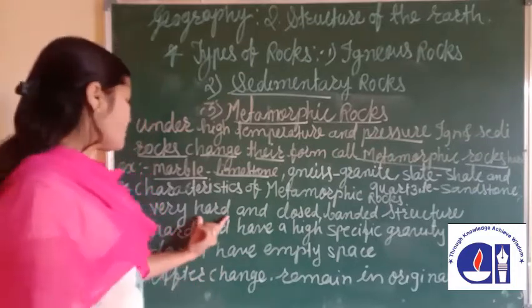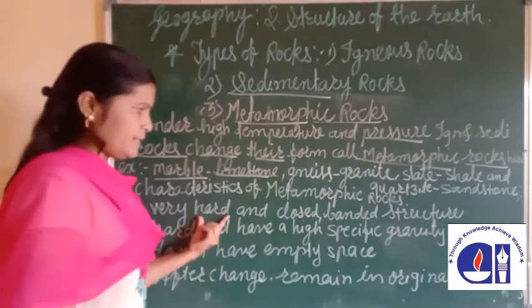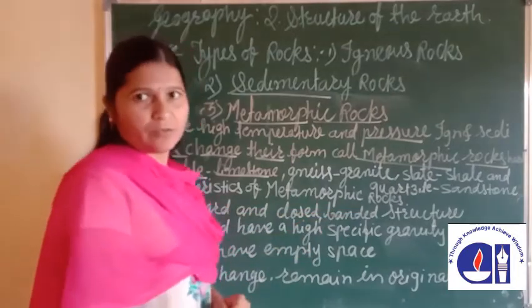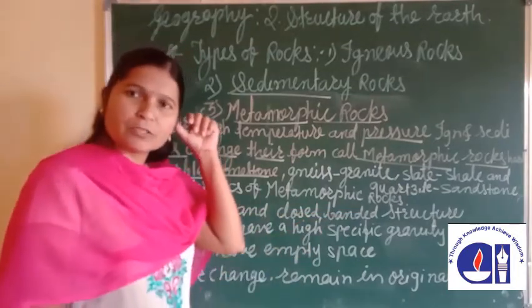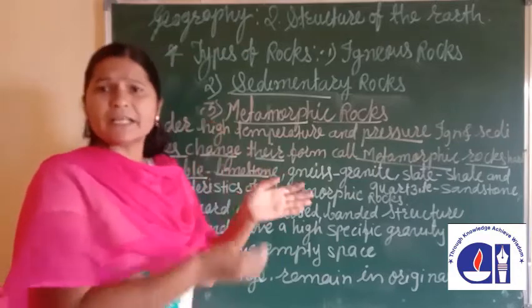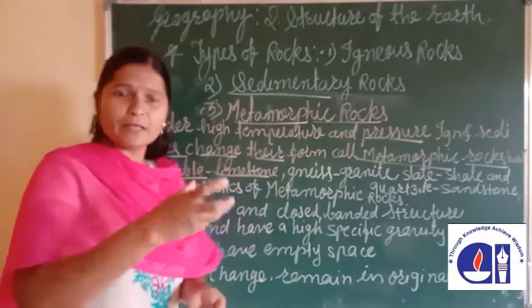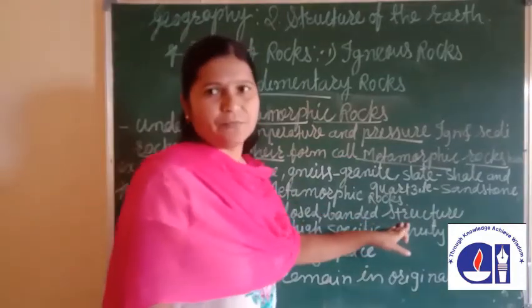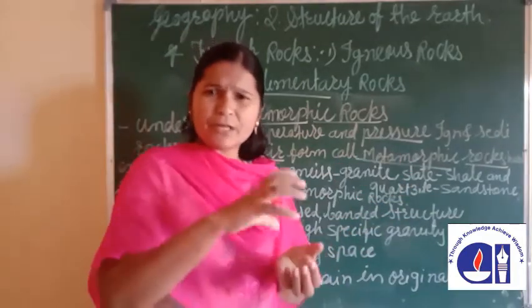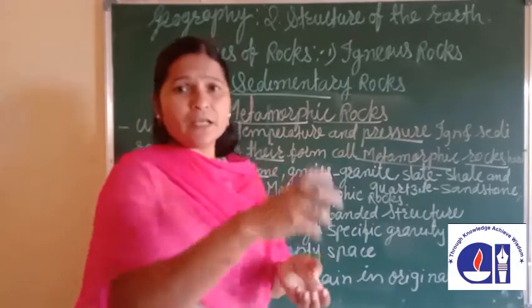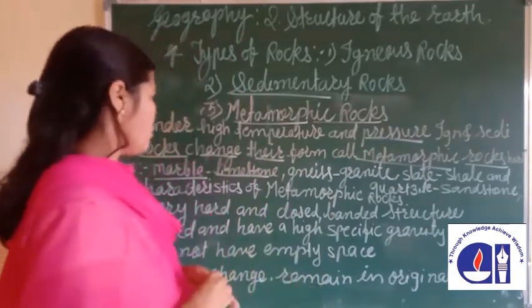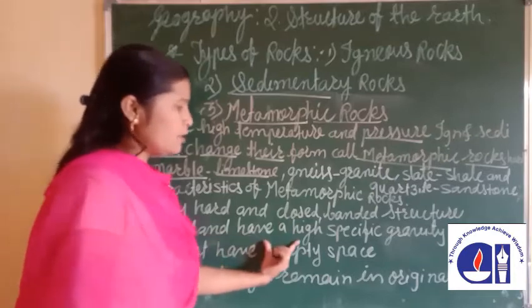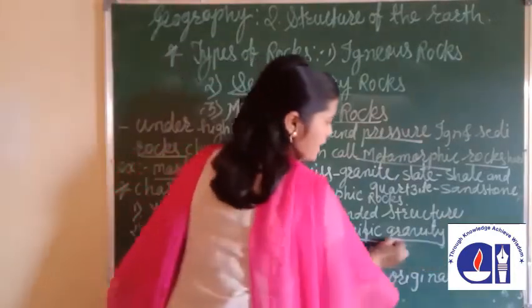First, metamorphic rocks are hard and have a closed, banded structure. All metamorphic rocks are very hard, take more time to form, and have a closed banded structure. Their molecules are very closely packed and banded, very tough with the closeness. Then metamorphic rocks are hard and have a high specific gravity.